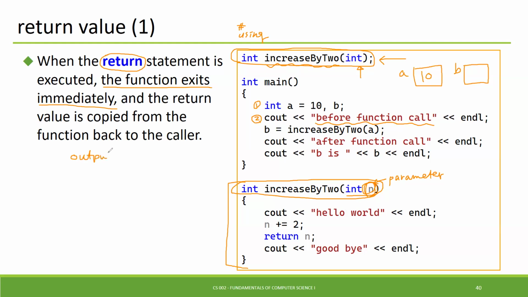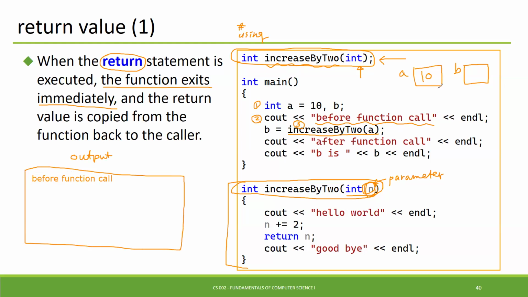If you run this code, the output will look like this. The first line you will see is before function call, and then the function is called here. The function will be called at this line.